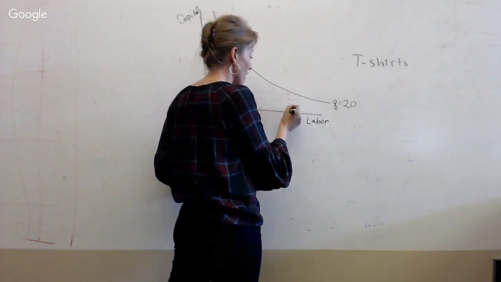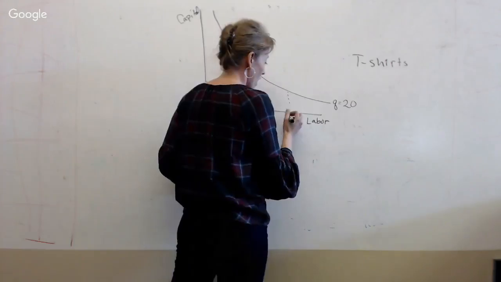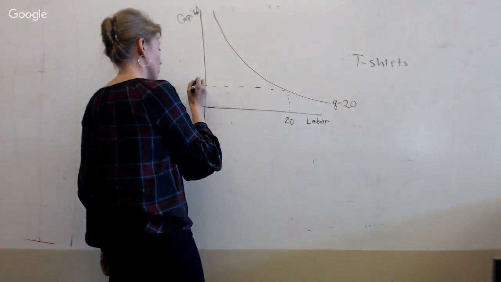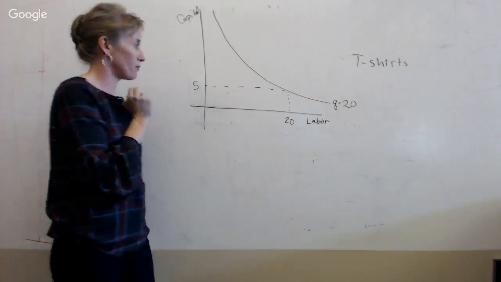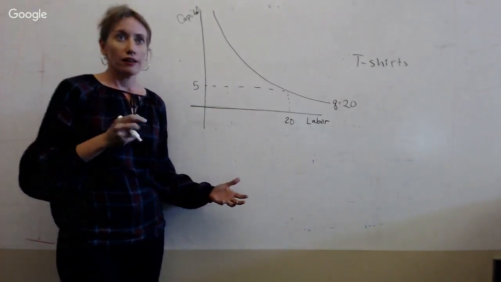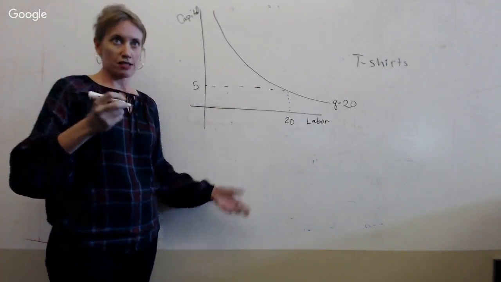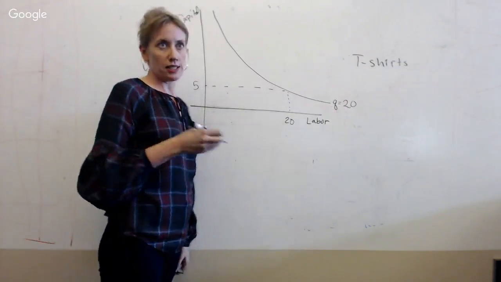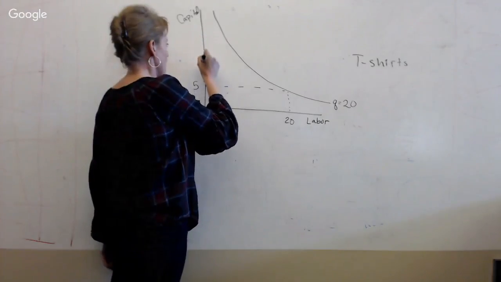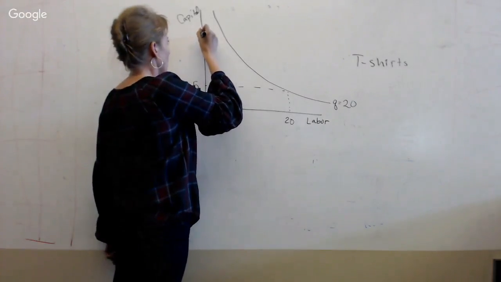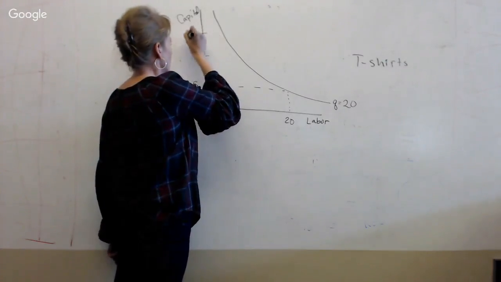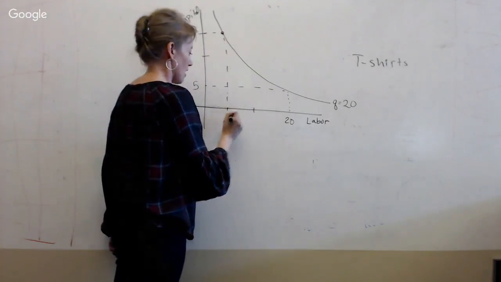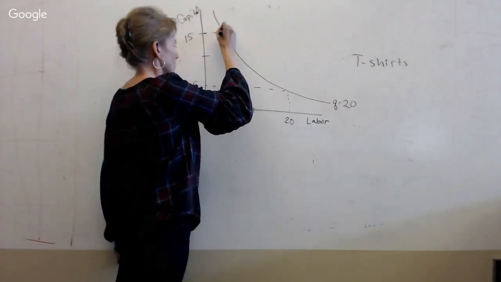So let's say that if our production firm wants to produce 20 t-shirts per hour, it needs to hire 20 workers and use 5 machines, or depending on the type of machines it's using, it could probably produce 20 t-shirts per hour if it hires 15 machines and 5 workers.